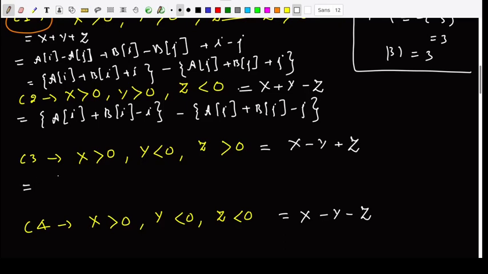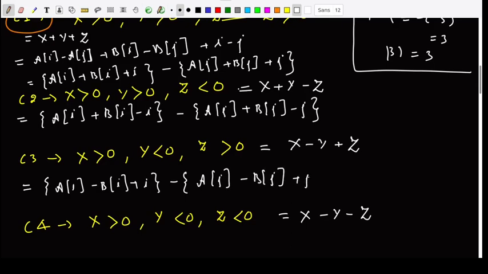Similarly, if you expand C3, it will be basically A[i] minus B[i] plus i, equals A[j] minus B[j] plus j.